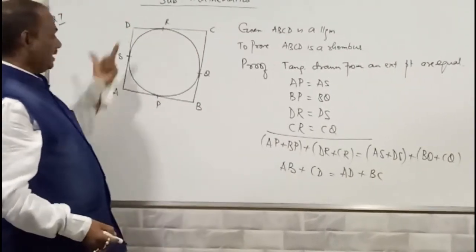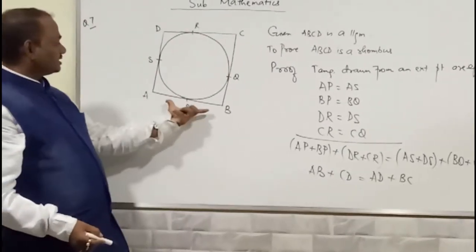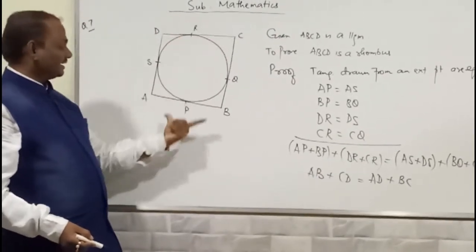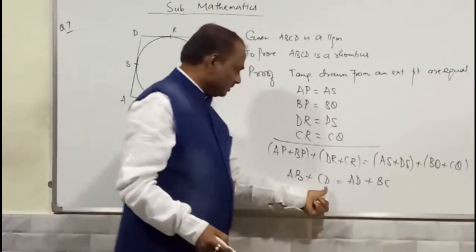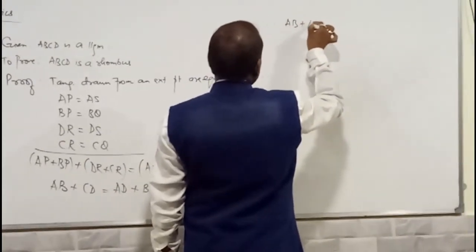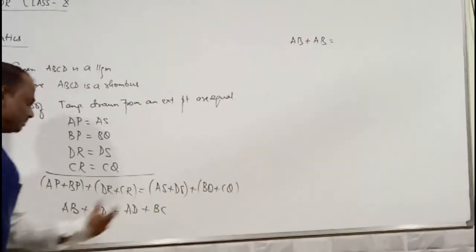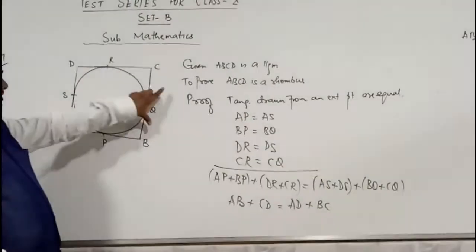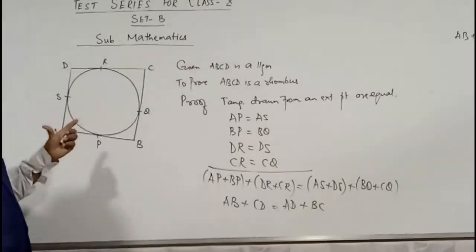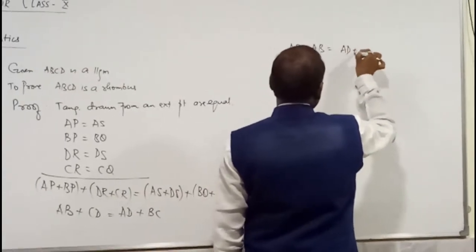Now since this is a parallelogram, you know, a parallelogram has opposite sides equal. So in place of CD I can write AB. So this becomes AB plus AB. Therefore AB plus AB is equal to AD plus BC, and in place of BC I can write AD. So whichever way I go, I take AD plus AD.